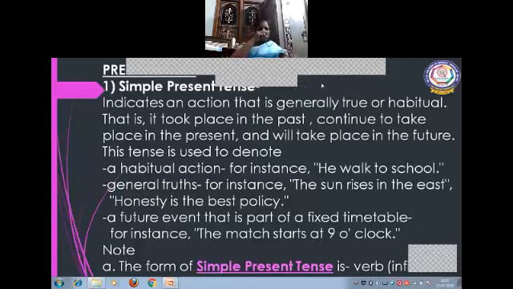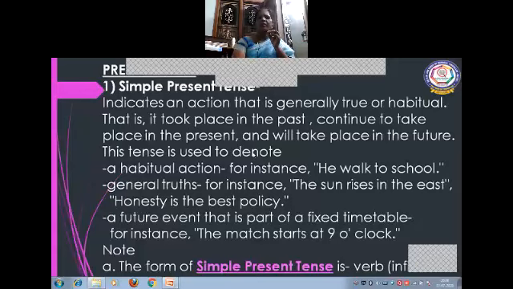So here simple present tense indicates an action that is generally true or habitual. That is, it took place in the past, continues to take place in the present, and will take place in the future. So here, past and present, everything you will be doing. So such a thing is called simple present tense.